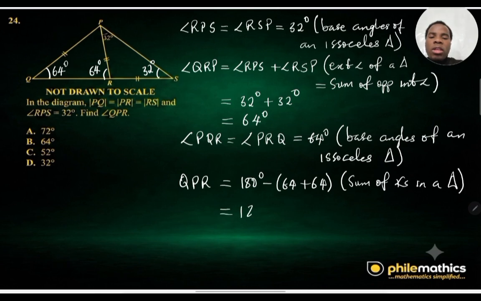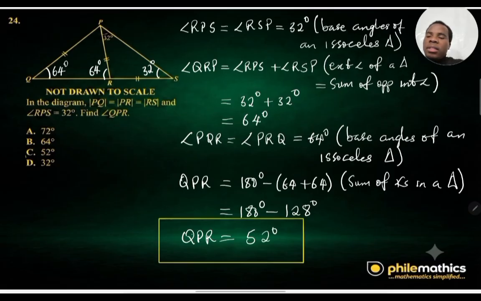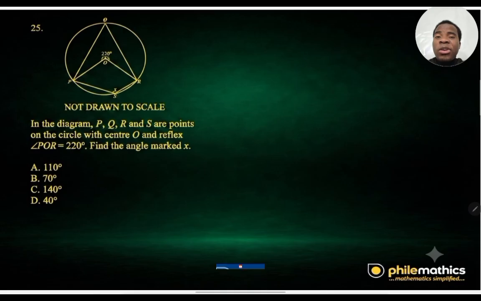And this is 180 degrees minus 128 degrees. It means QPR we are looking for, if we subtract this, we'll have 52 degrees. And that's C.